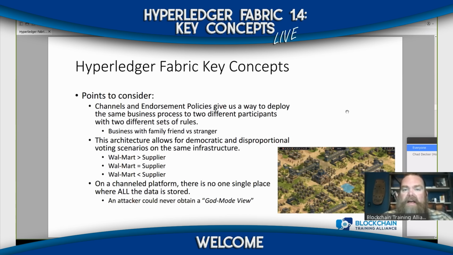Hyperledger Fabric allows Alice to write one smart contract that manages the place order process. Alice can then take this smart contract and deploy it to 2 different channels, one shared with Bob, one shared with Tony. On the channel she shares with Bob, endorsement or consensus is defined very, very loosely.